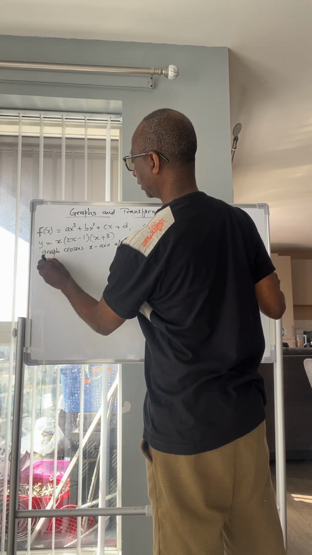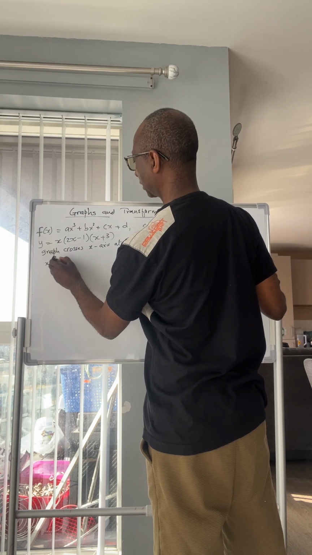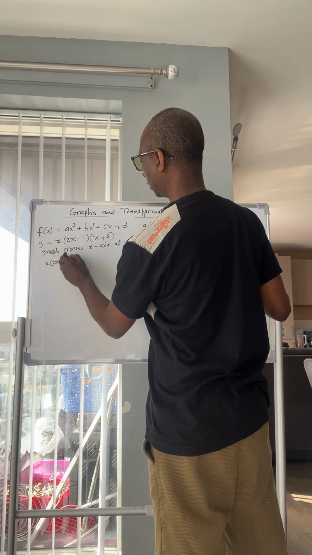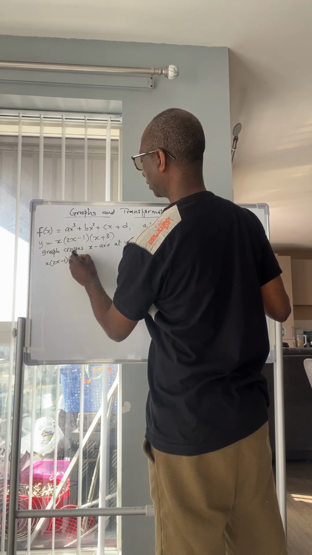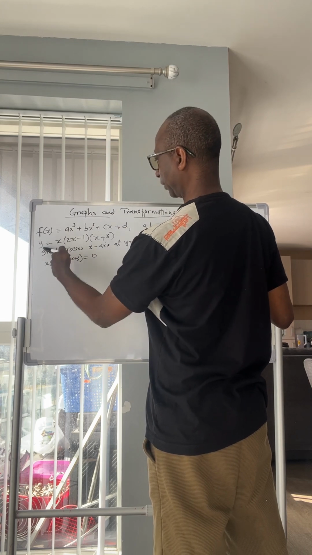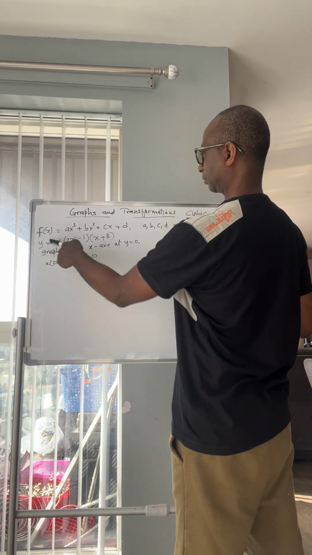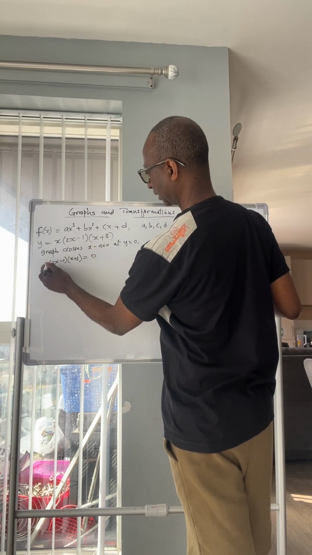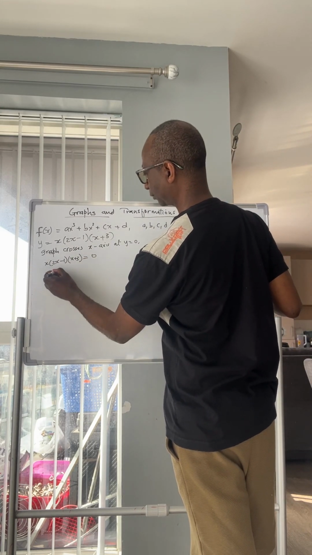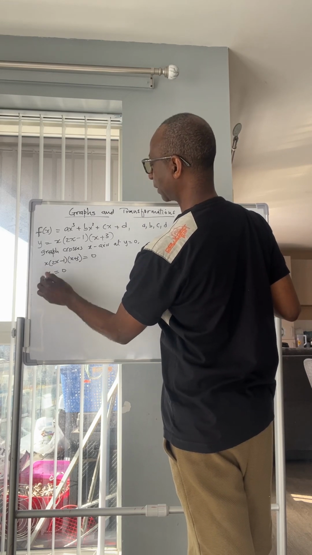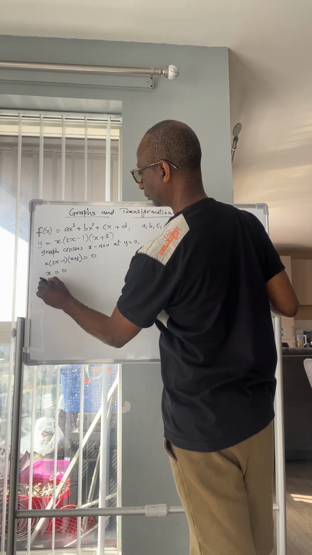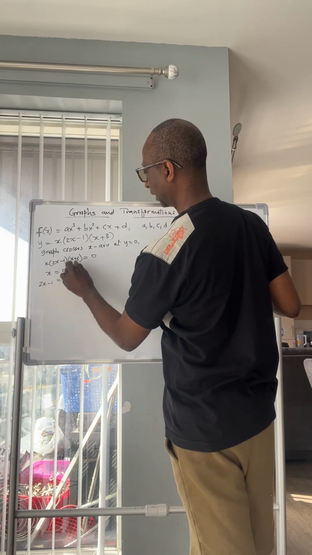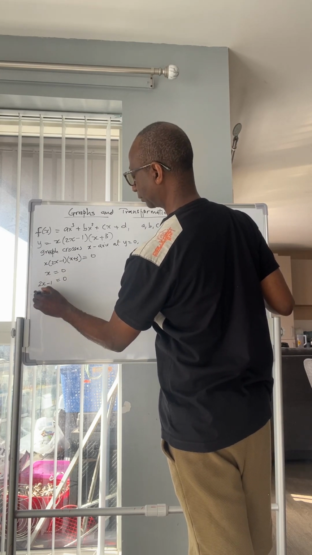We have x into 2x minus 1 into x plus 3 all equals 0, where y is 0. So that means x equals 0, 2x minus 1 equals 0, and x plus 3 equals 0.